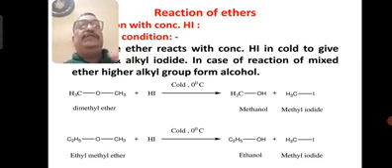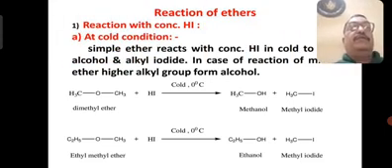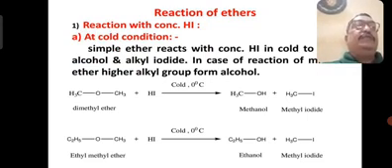Let me see the specific example. When HI reacts in hot and cold conditions, what would be the product? A simple ether reacts with concentrated hydrogen iodide in cold condition to produce alcohol and the corresponding alkyl halide.